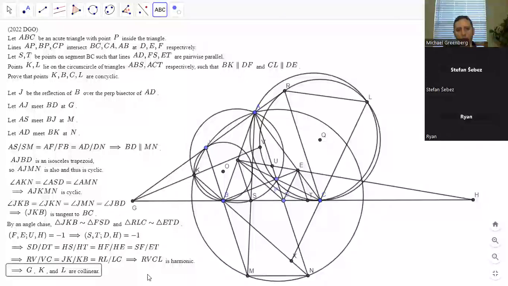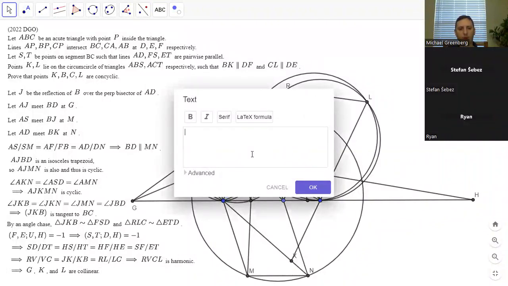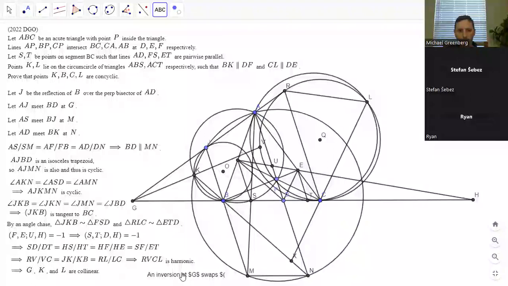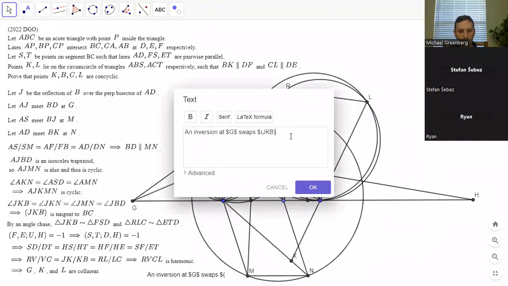Since K and L are collinear, it is obvious that they're not homothetic, so K and L swap. When an inversion at G swaps JKB and RLC, that means that KBCL is cyclic. All right, very nice.